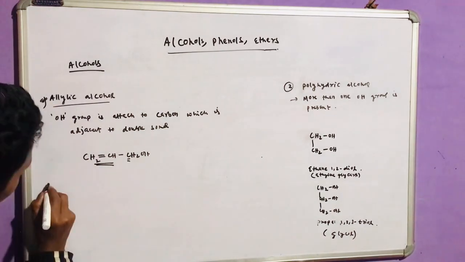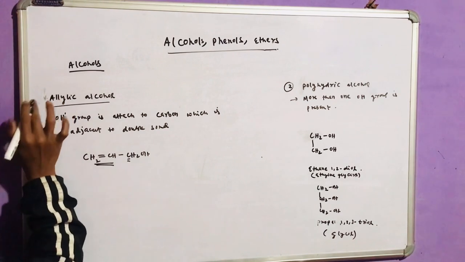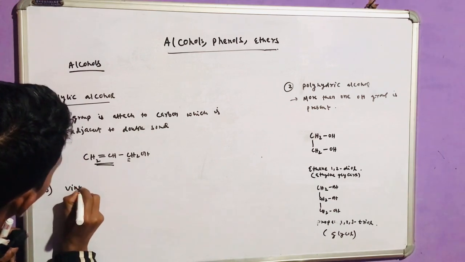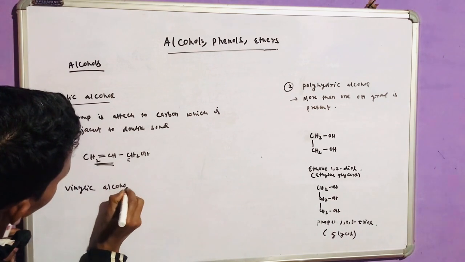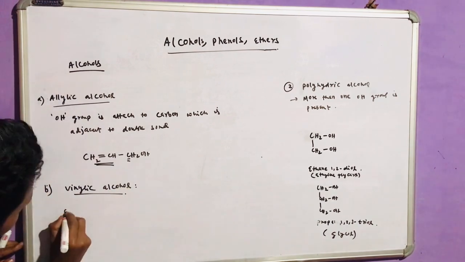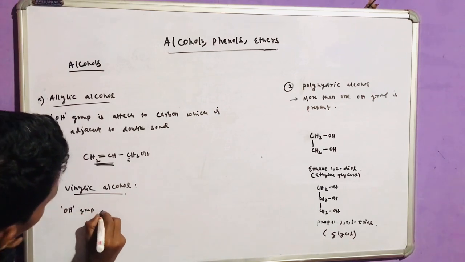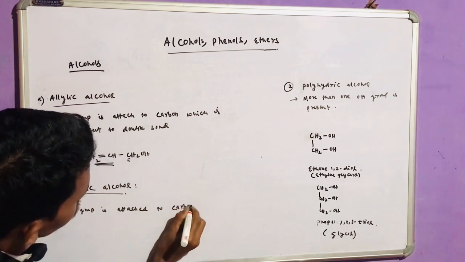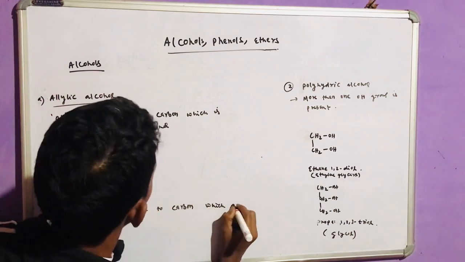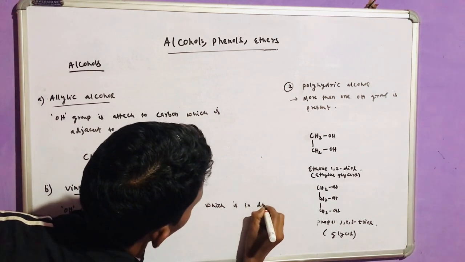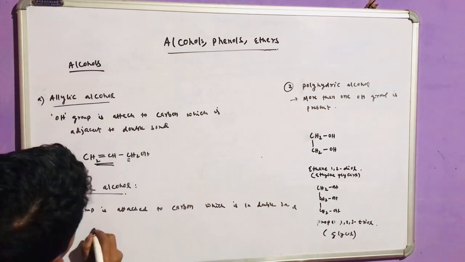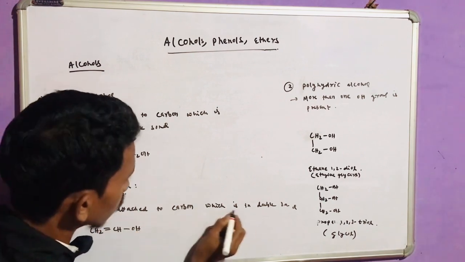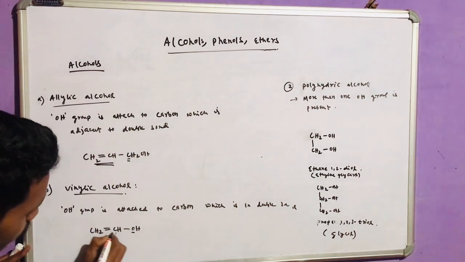Next, vinylic alcohol. Here the OH group is attached to a carbon which is in the double bond, that is CH2=CH with OH attached to the carbon in the double bond.